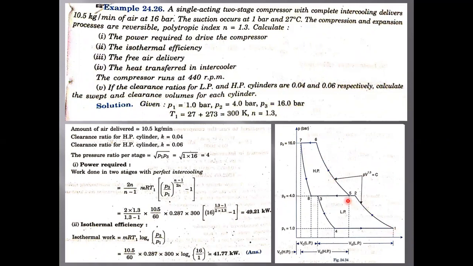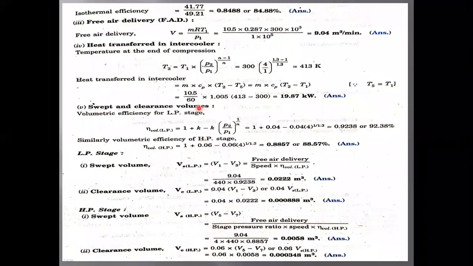If you see the actual diagram there, you will see one isothermal process line here, it should be from here to here. PV is equal to constant, so from here to here T1 is equal to T5. Keeping that in mind, since T5 is equal to T1, here we can write T2 minus T5, that is nothing but T2 minus T1 here.